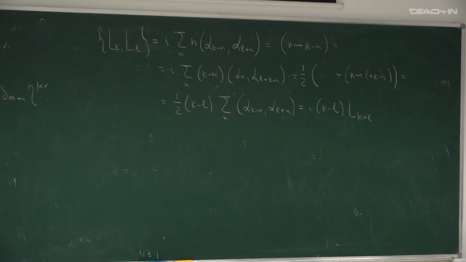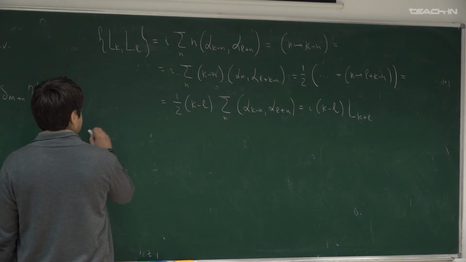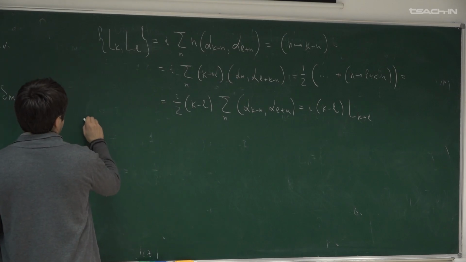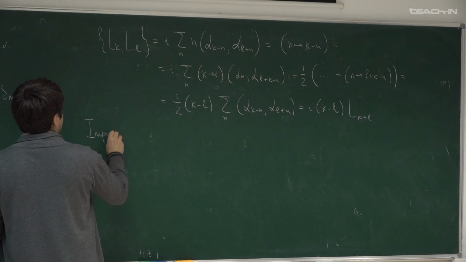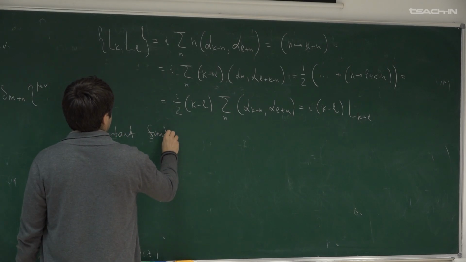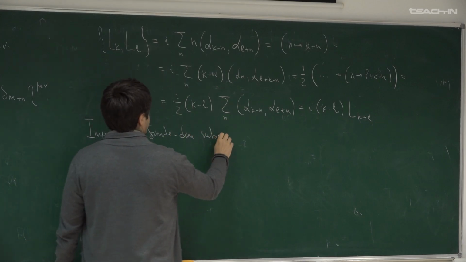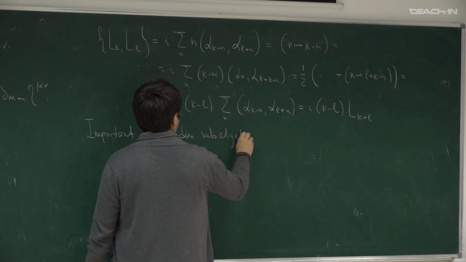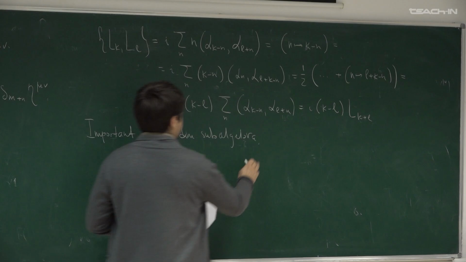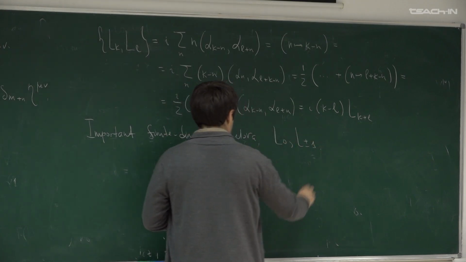So this is an infinite dimensional Lie algebra, but it has a finite dimensional subalgebra. The kind of important finite dimensional subalgebra is furnished by the generators L0, L plus minus 1.